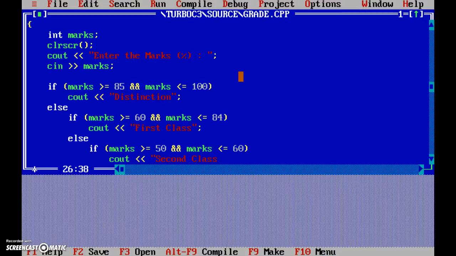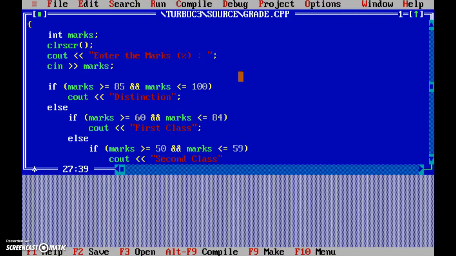Okay, now here we can't put 60 because then 60 here also, so duplication may occur. So this should be 59.